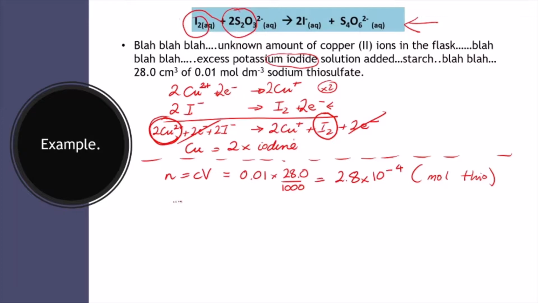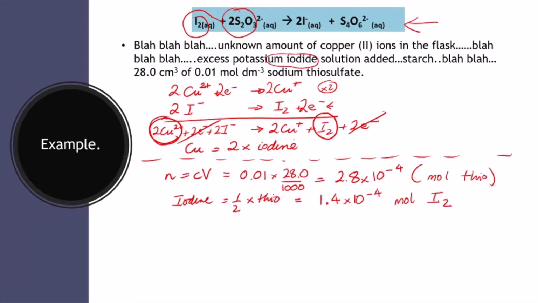So what that tells us is that the iodine is going to be half the number of thiosulfate moles, because you actually need 2 of them to react with 1 mole of iodine. So the iodine is going to be half of that number, which is 1.4 times 10 to the negative 4 moles of iodine. So we've worked out how much iodine was in the flask at the start of the story.